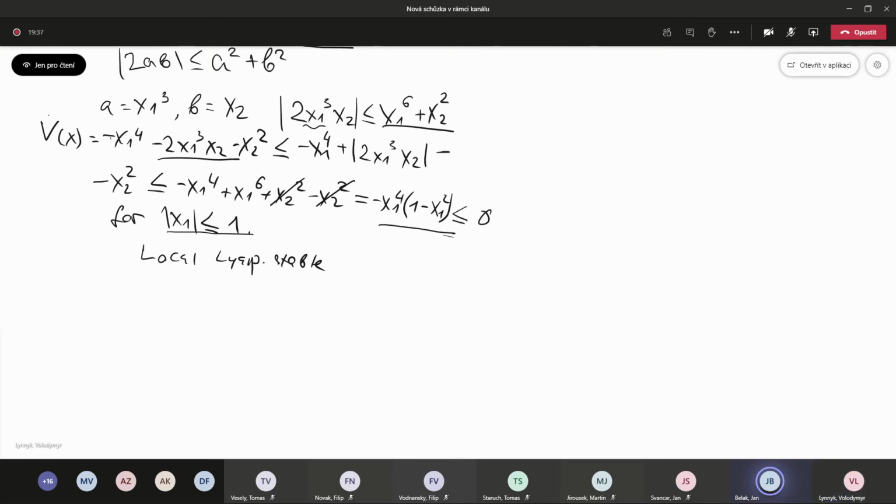Okay, now I'm a little bit confused. We know that if x1 is less than or equal to 1, then it's Lyapunov stable. So the derivative of the Lyapunov function V(x) should be less or equal to 0 for x1 less than or equal to 1, right? Yes.